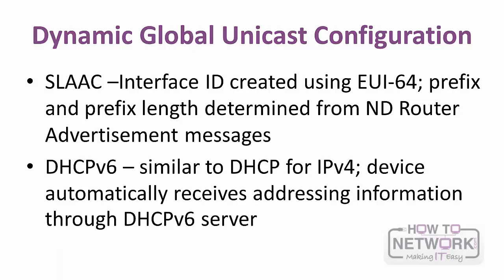DHCPv6, Dynamic Host Configuration Protocol for IPv6, is similar to that of DHCP for IPv4. A device can automatically receive its addressing information by using the services of a DHCPv6 server.